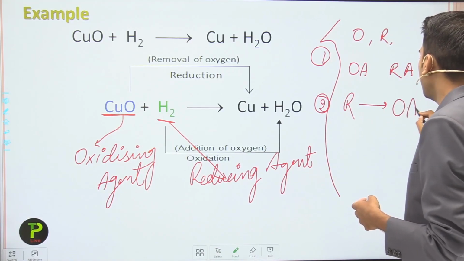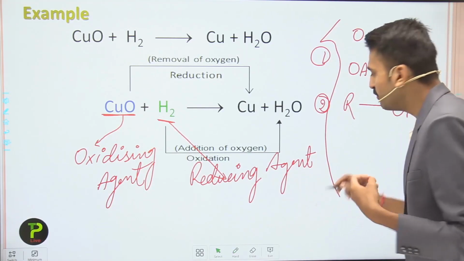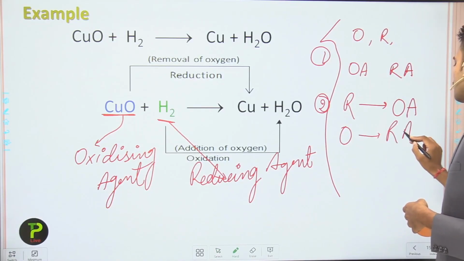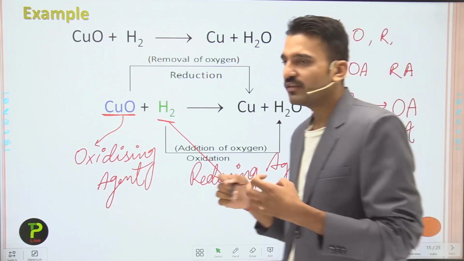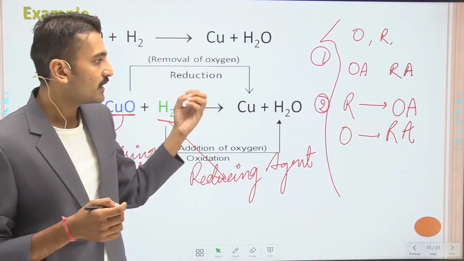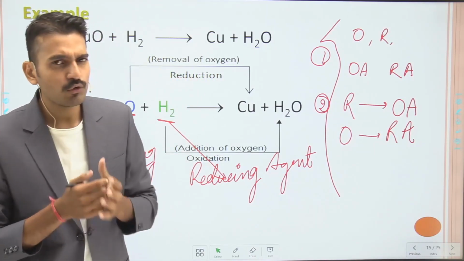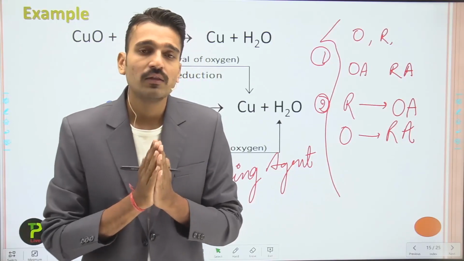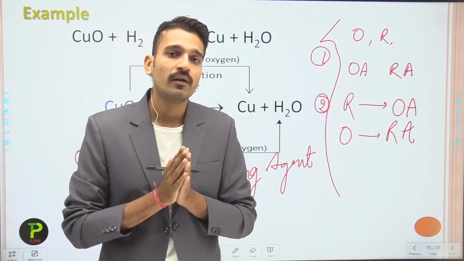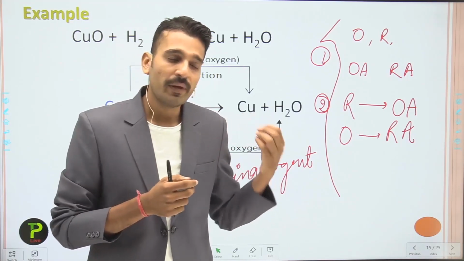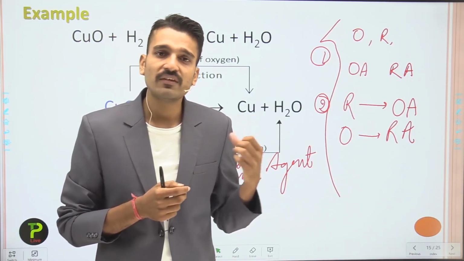Oxidizing agent, and the substance which has been oxidized will be acting as a reducing agent. These are the two major points that you always need to remember, because redox reactions are a very important topic, and the examiner makes most of the questions from redox reactions.